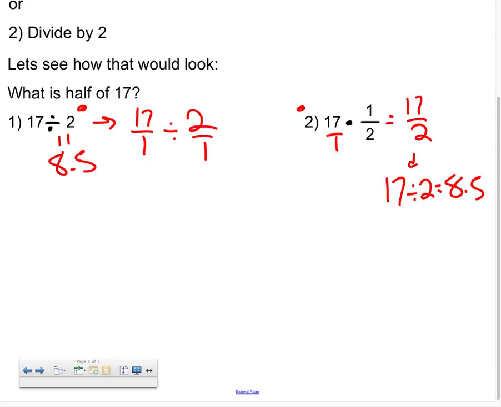As we just said before, this means flip the second fraction and then multiply, and then now I'm back to the other one here. So even though these problems look very different, they're actually the exact same problem, just written with a different symbology. But that's why this flip and multiply trick works for division.